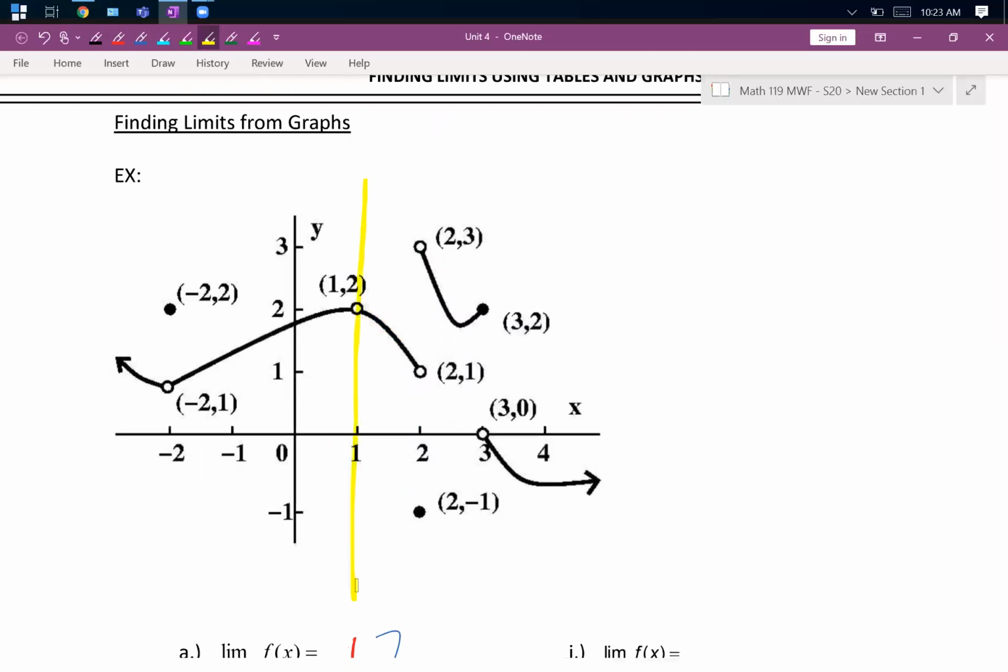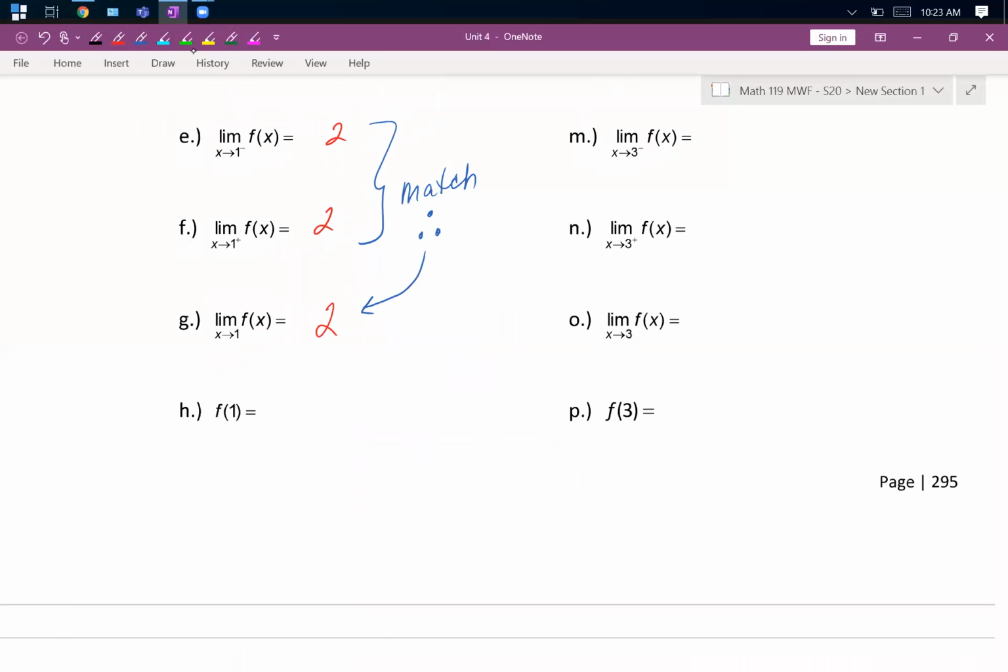It's going to be undefined because there's no closed circle or solid line anywhere where x is equal to 1. So we wouldn't say does not exist. We use that for the limits. We say undefined when there is not a closed circle there. Questions on that set?